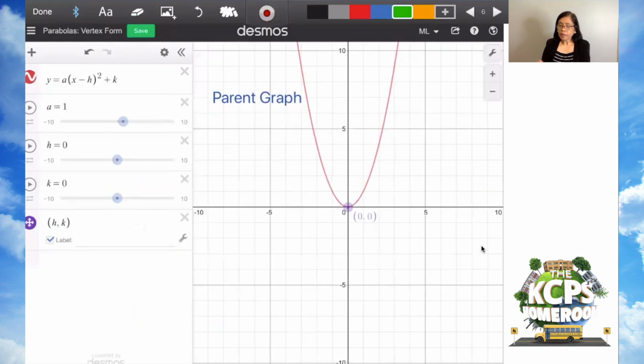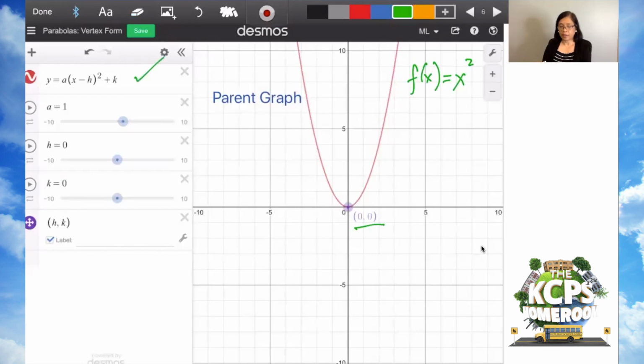Okay. We will start with our parent graph. Again, this is a parabola. So if we have f of x is equal to x squared, this is a parabola with vertex at the origin, whose coordinates are (0, 0). And notice here on the left side, I use the Desmos calculator.